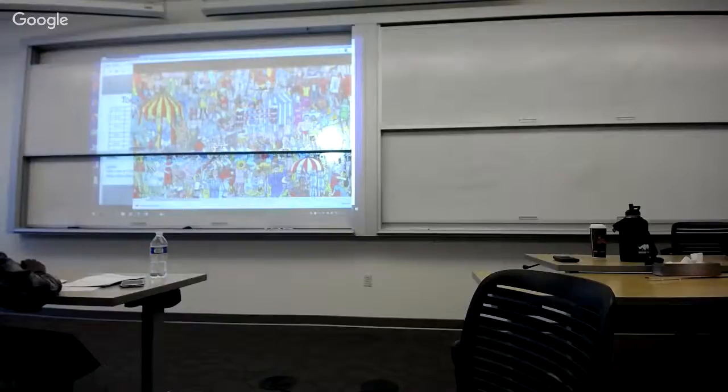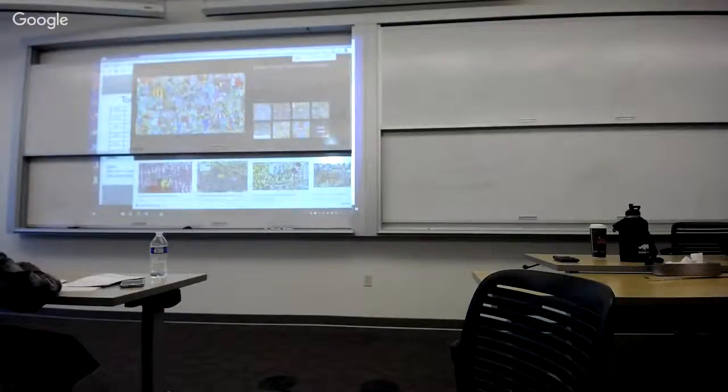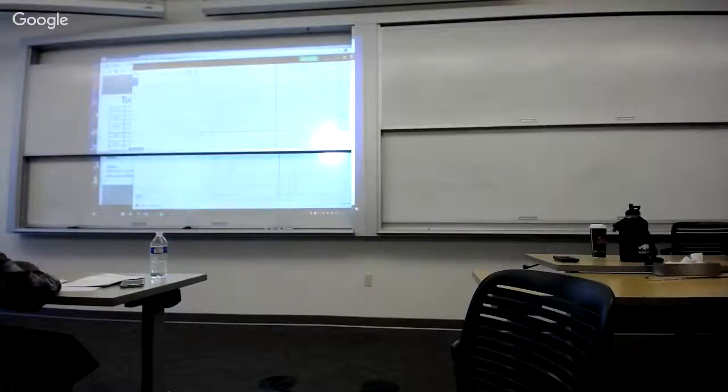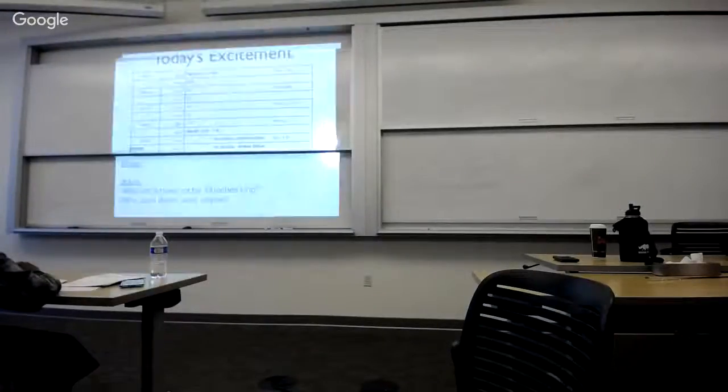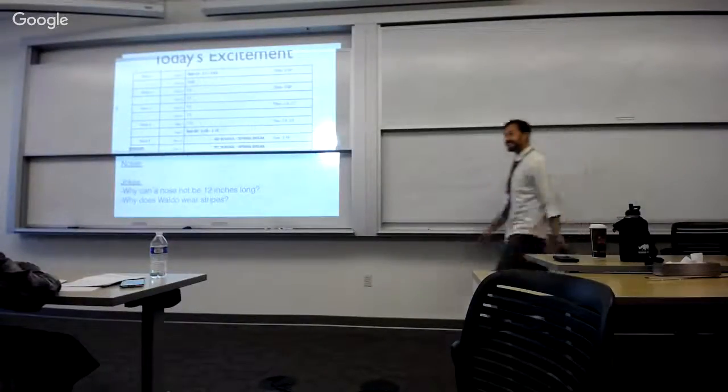Did anyone see him? It'd be funny if he's not even in this picture, because this is just zoomed in on one particular small spot. I don't see him at all. Anyway, so why does Waldo wear stripes? He doesn't want to be spotted.